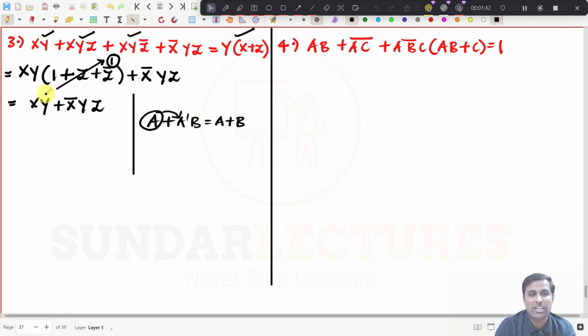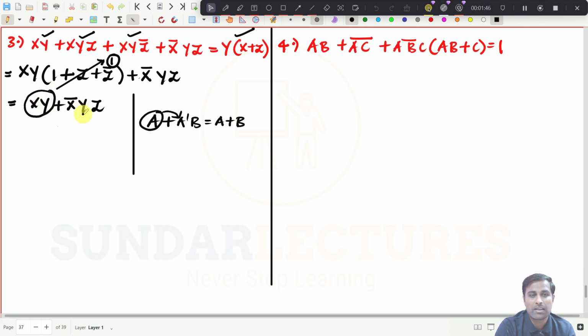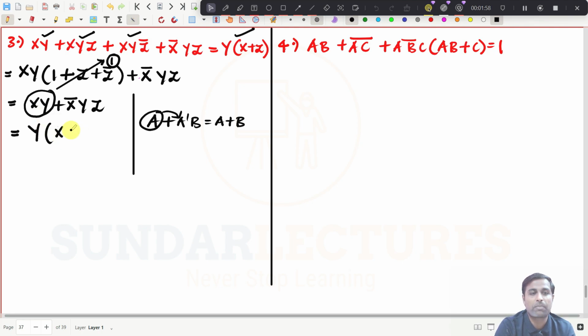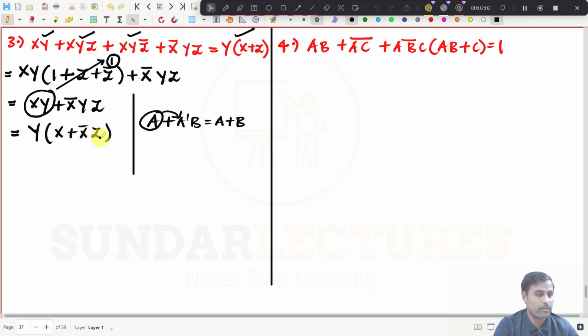And that is what you see here, the same term inverted. Anyhow, because I don't want to confuse you, take y commonly outside here. If I take y outside, what I will have is x plus x bar z, right? You can see straight away that this term is inverted with some other term.